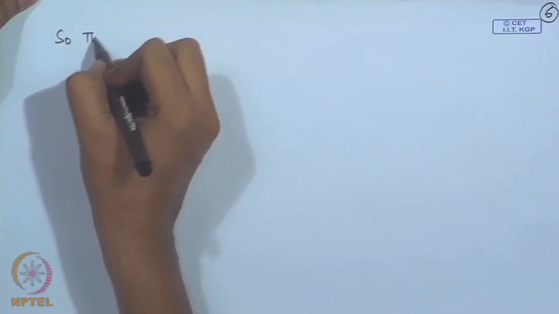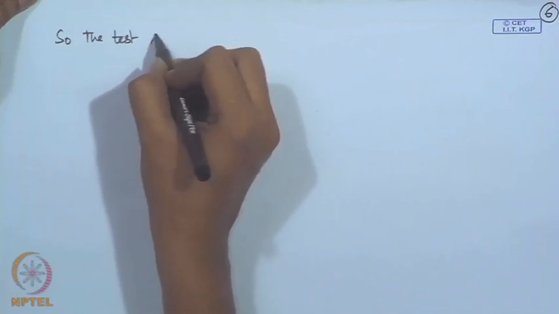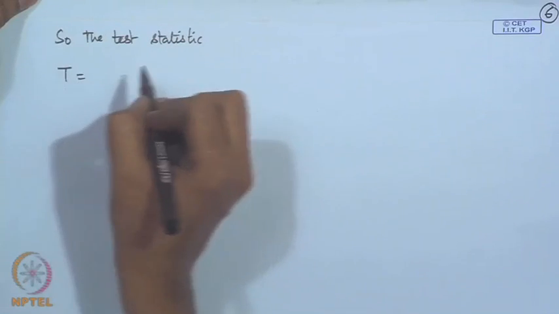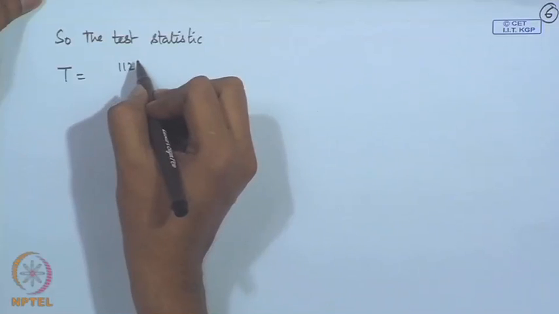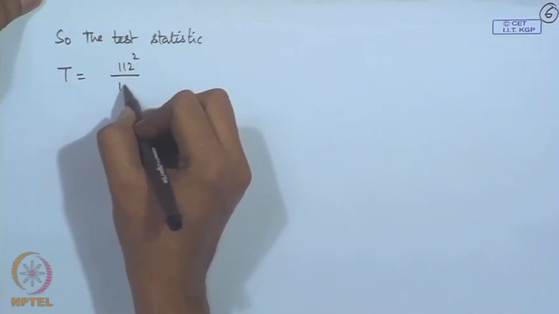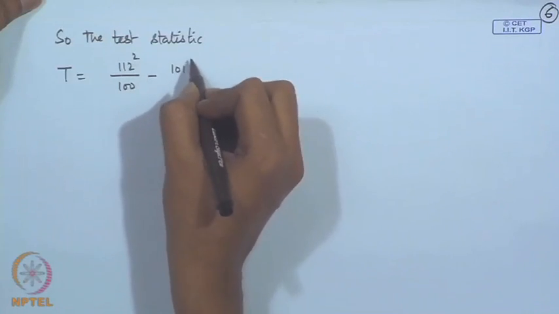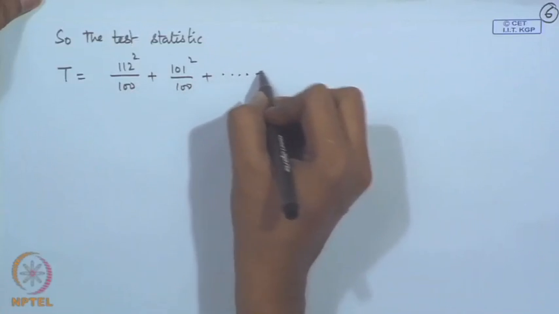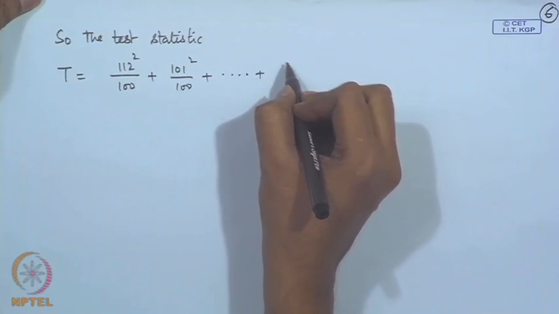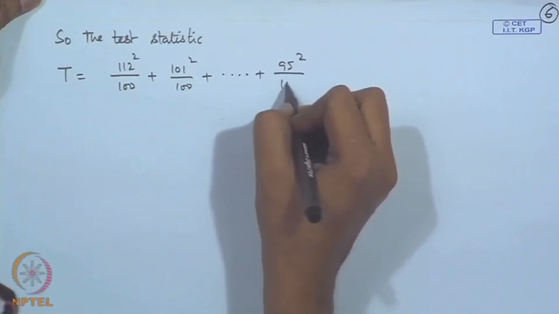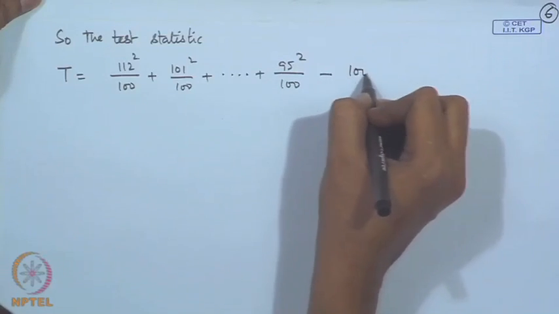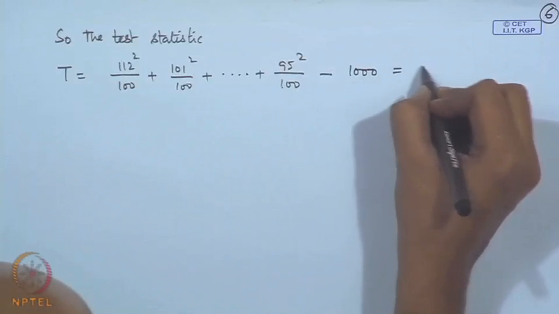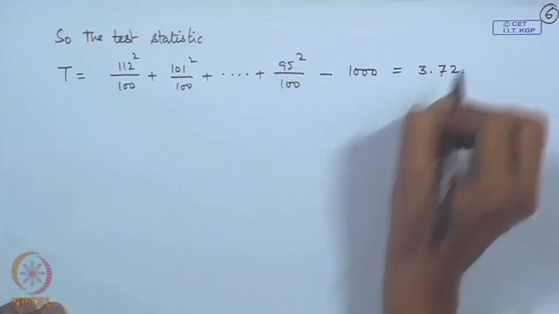The test statistic T is equal to 112 square by 100 plus 101 square by 100 plus all the terms up to 95 square by 100, minus 1000. Now, this can be easily evaluated. This value turns out to be 3.72 approximately.